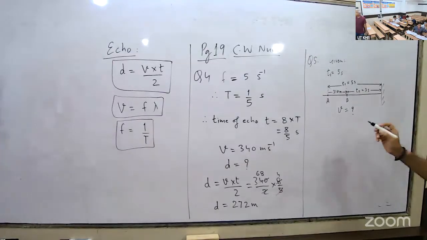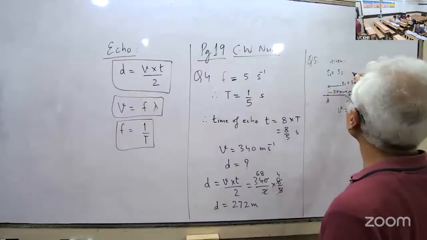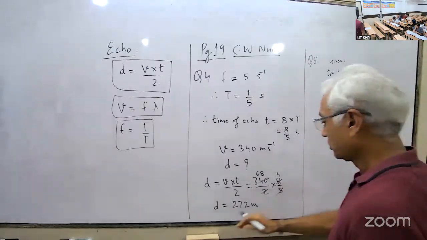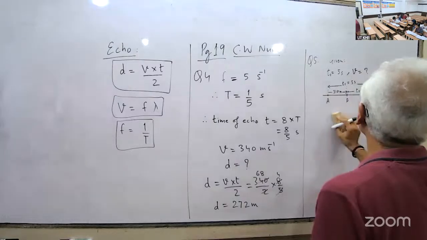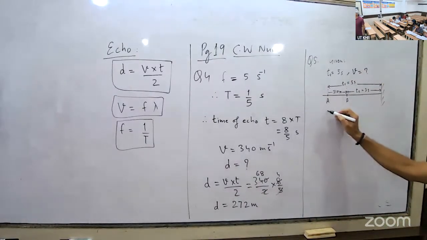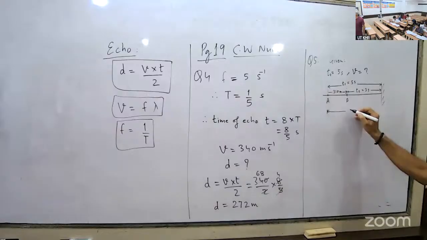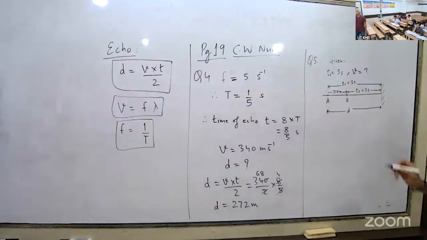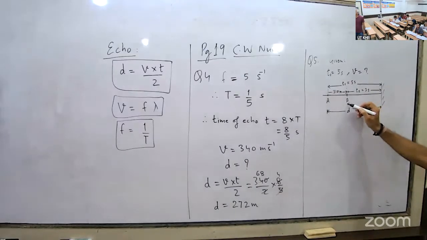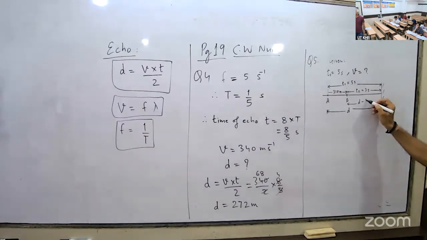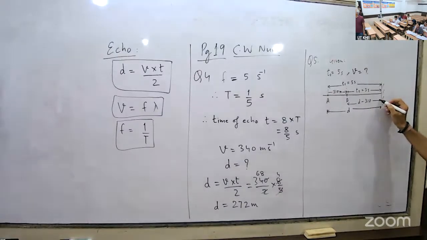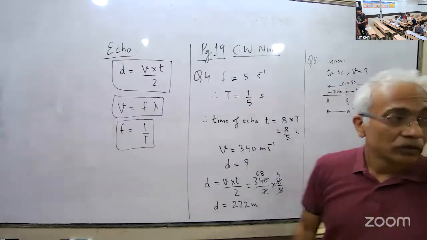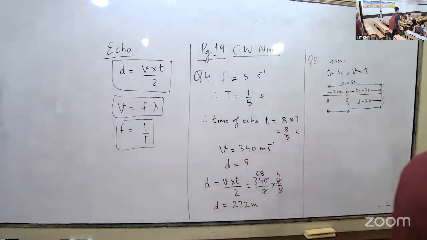So if you consider the total distance as d, then what is this distance? d minus 310. Total distance is d.